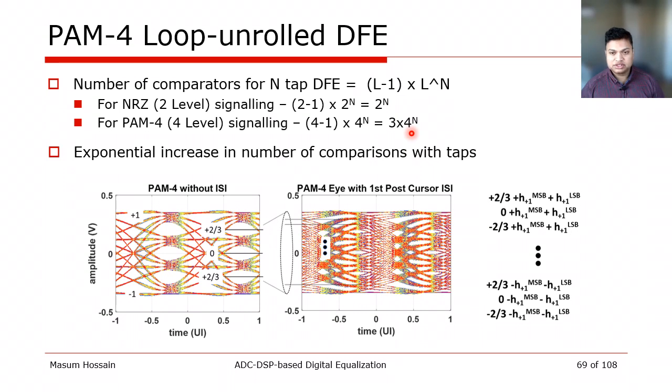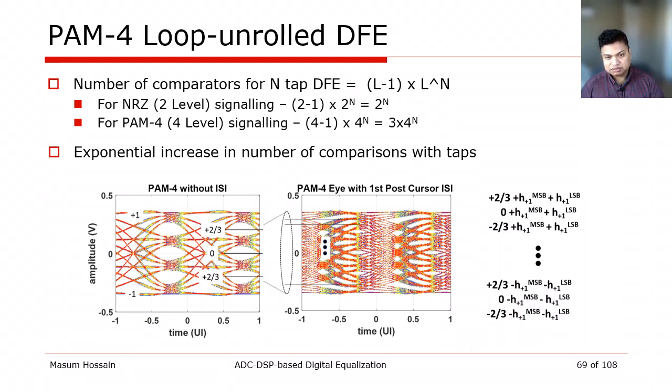Why this exponential increase comes, we can explain for the PAM4 case. Usual PAM4 requires 3 thresholds. Imagine 0 at plus 2 over 3 and minus 2 over 3. What happens in the case of loop unrolled is that each of these thresholds is going to see 4 possibilities of the previous symbol. Therefore, these 3 are multiplied by 4 and create these 12 thresholds.